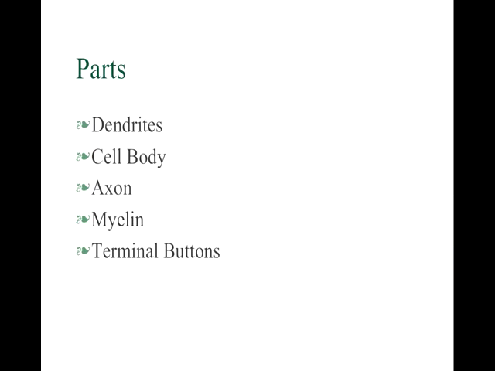The terminal buttons are the end of the neuron where the message gets sent to the next neuron. It's kind of like a train station, but again, myelin is what makes it the express train, much faster. And then the synapse is a space between the two neurons so that they don't get their wires crossed.